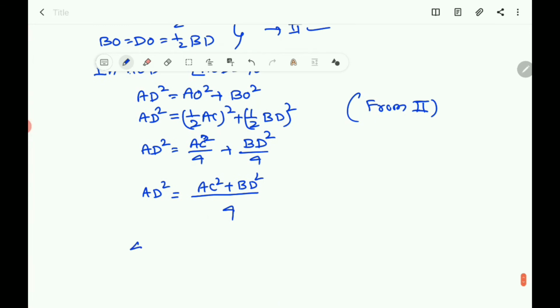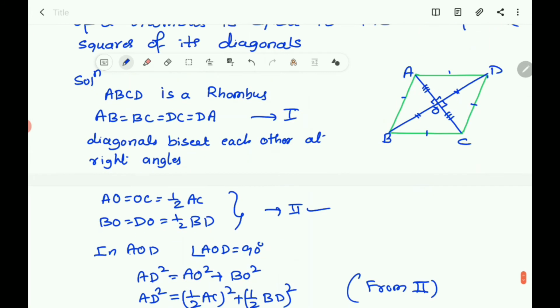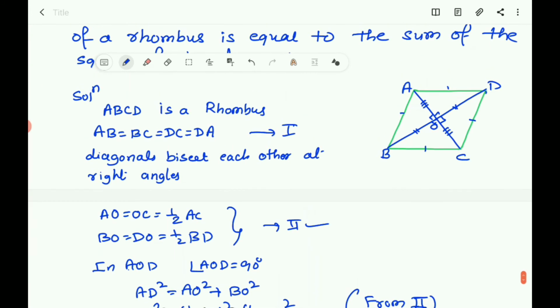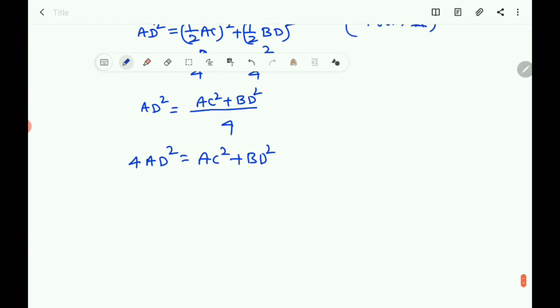Then 4AD square is equal to AC square plus BD square. A rhombus has 4 sides, so in place of 4AD square you write AD square plus AD square plus AD square plus AD square, which is equal to AC square plus BD square.